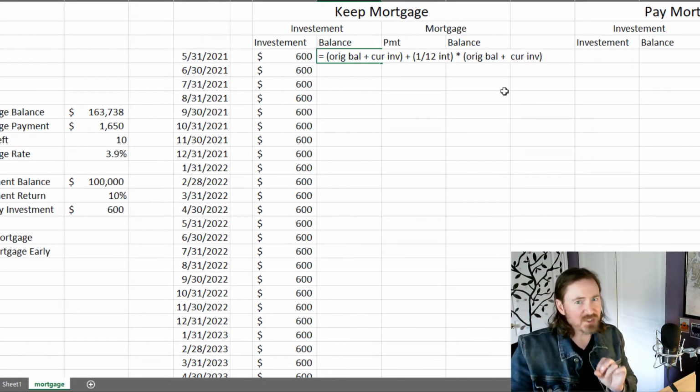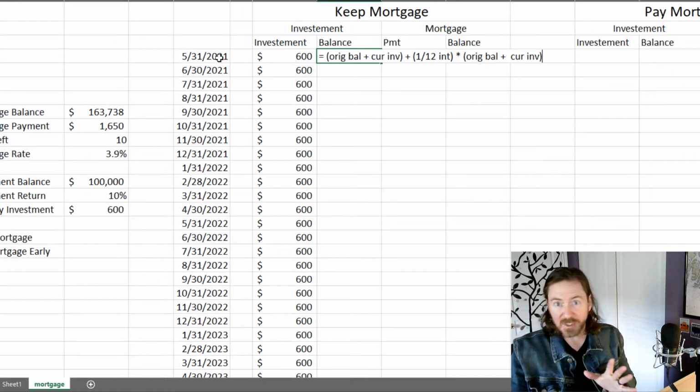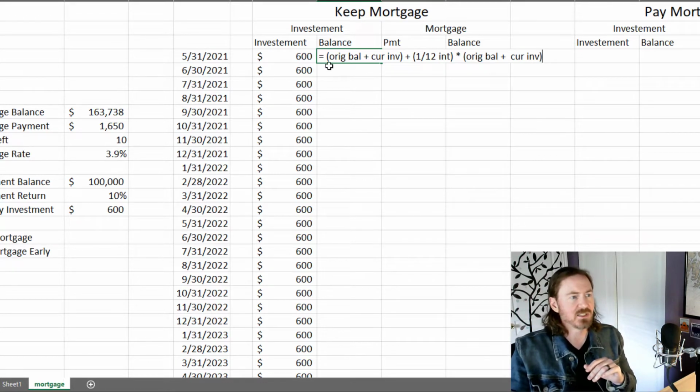There could be a couple slight deviations on how you write this for it to be accurate, but this would be true. And this is, of course, assuming that we're making this $600 investment sometime earlier in the month, let's say, and we're calculating the growth at the end. So it's our original balance plus the current investment. True, that's a sum there. Plus, we also need to add in the interest on that amount, and that's going to get our ending balance.